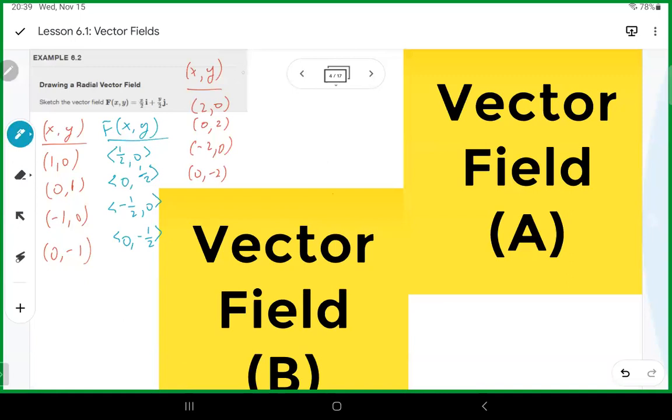So then they had x, y again, and that gave them (1, 0), (0, 1).